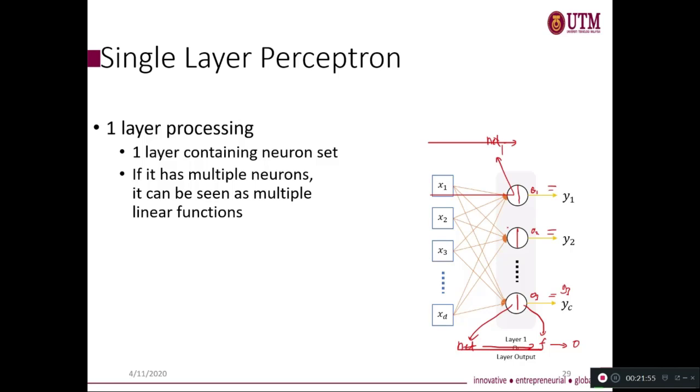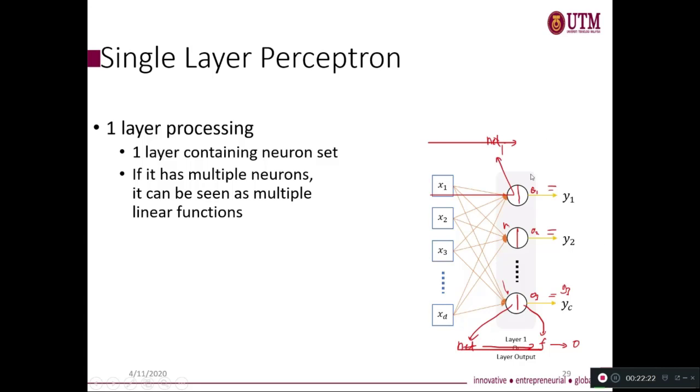This is net 1, this is net 2, this is net 3. So net 1 refers to the output of the input function at neuron number 1. So that is a labeling thing. Don't get shocked when we introduce you with that notation. So that is the single layer perceptron.